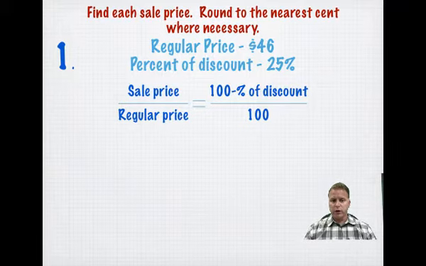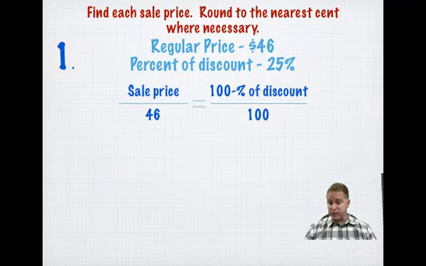So what do we know? Well, we know the regular price is $46. We also know the percent of discount is 25%. So now we need to plug that in. But remember, it's 100 minus the 25% because we want the sale price.